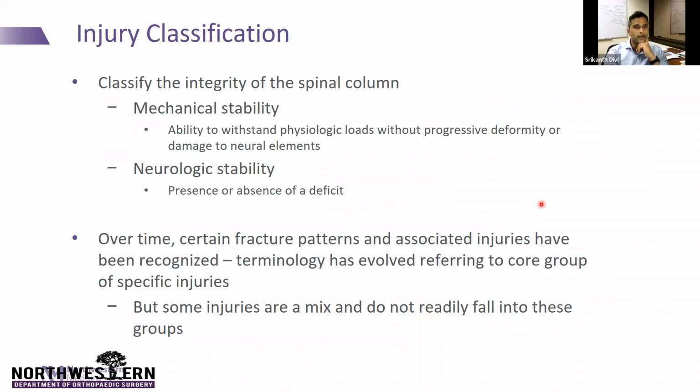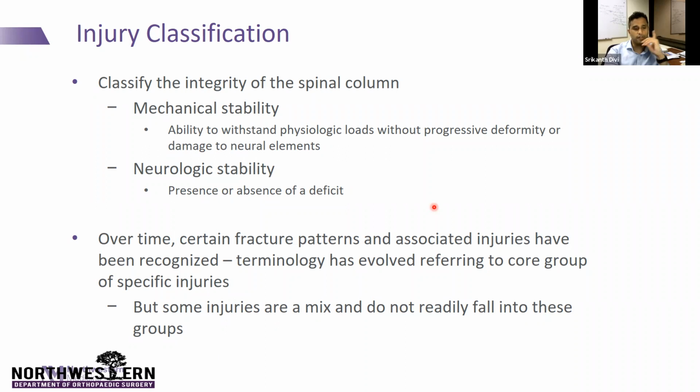Upright radiographs. And I'll just quickly go over injury classification. It's kind of boring, but I think just hit on the salient points. We'll classify the integrity of the spinal column, with mechanical stability and neurological stability. That's the point of the classification systems. And then over time, certain fracture patterns and associative injuries have been categorized.